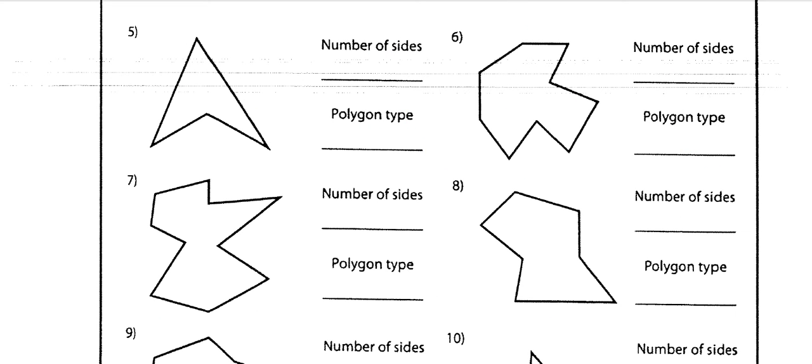Number 5, 4 sides. It doesn't look like a square though, and its sides are not parallel, but it has 4 sides. Quadrilateral, very nice.